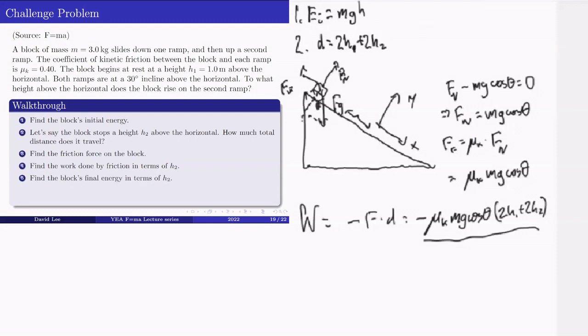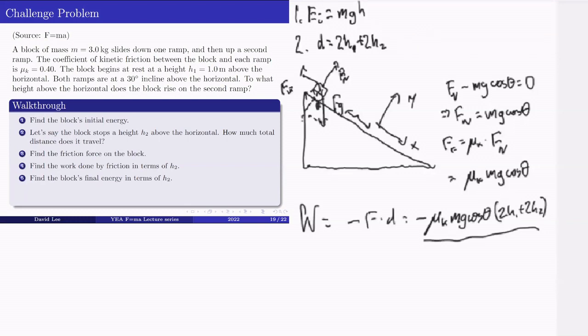All right. Now, let's find the block's final energy in terms of H2. In the interest of time, I think I will just finish off the remainder of the problem. So what's going to happen by work energy theorem?